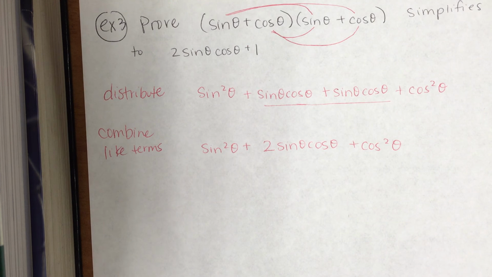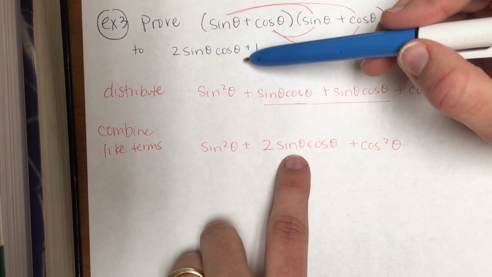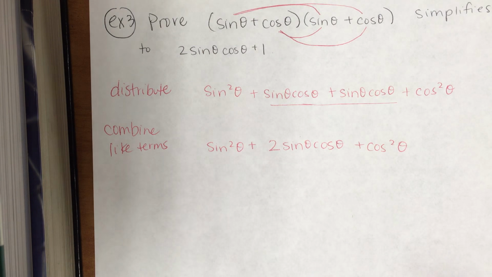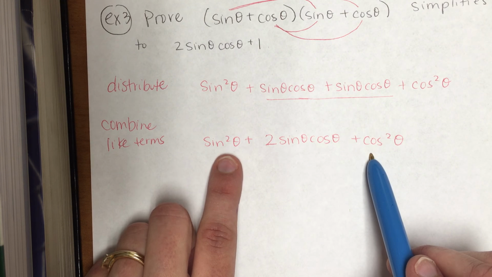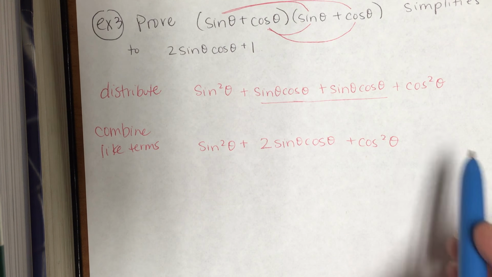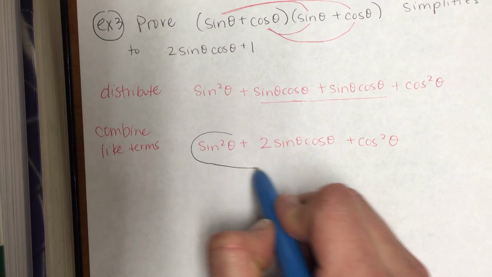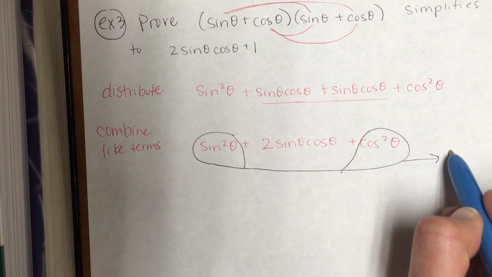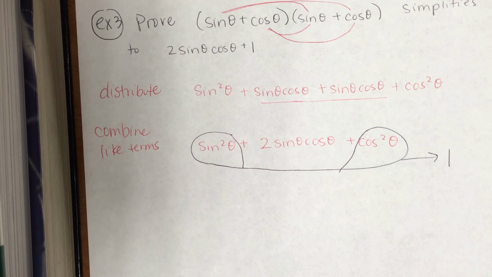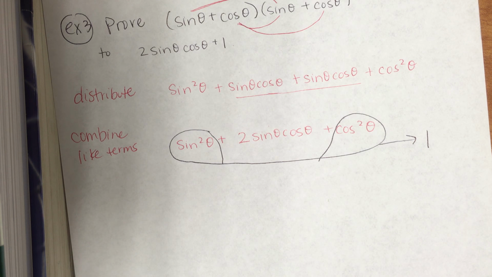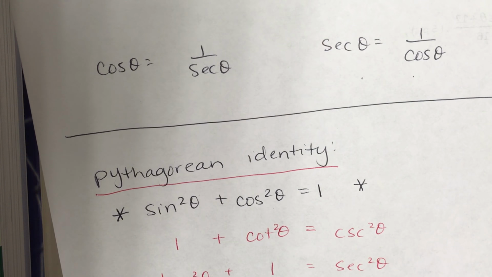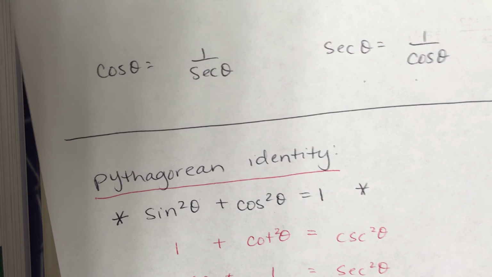So if you're looking ahead at your answer key, this is good because we have our 2 sine cosine theta. If only there was some way to make this into a 1. So these two pieces into a 1. You are going to be so tired of this Pythagorean identity by the end of this section. Sine squared plus cosine squared equals 1.